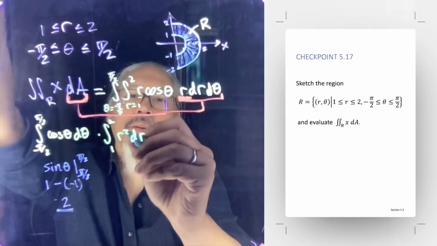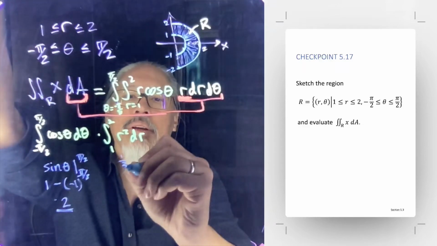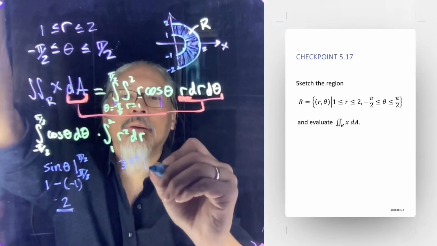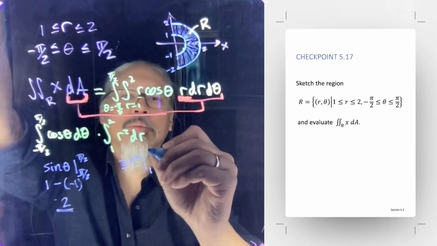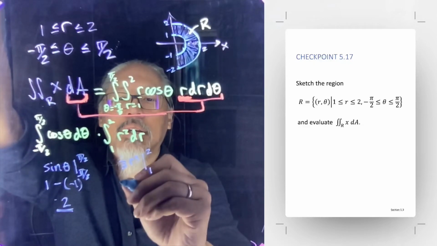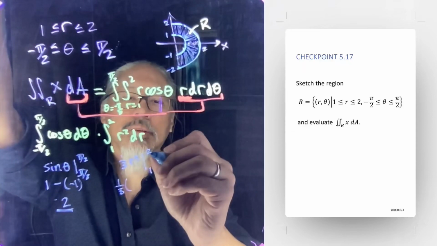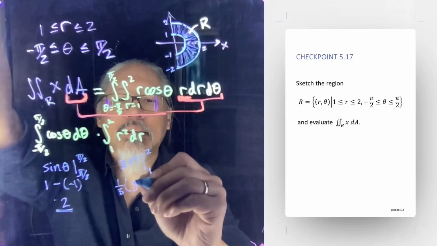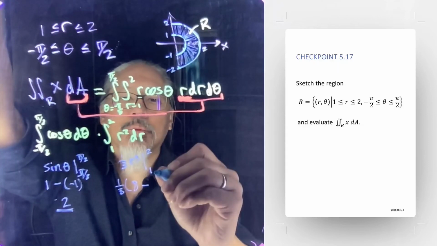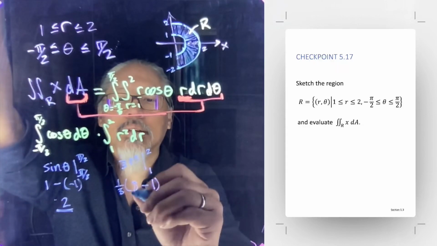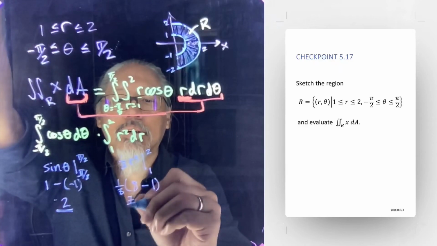Now the antiderivative of r squared is 1/3 r cubed. We're evaluating this where r goes from 1 to 2, and then we have 1/3. If we put 2 in for r, we get 8, minus, and if we put 1 in for r, we get 1. So that looks like it's going to be 7/3.